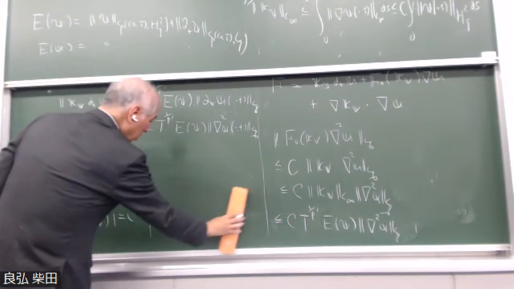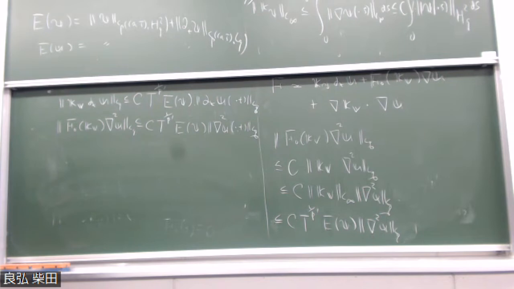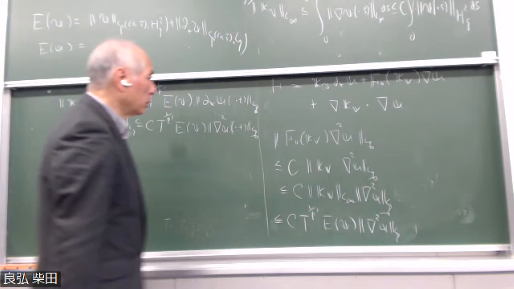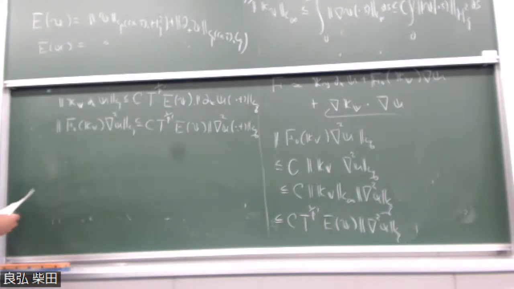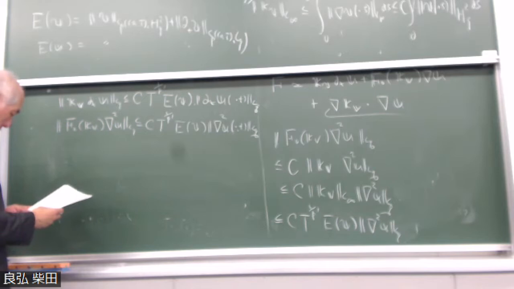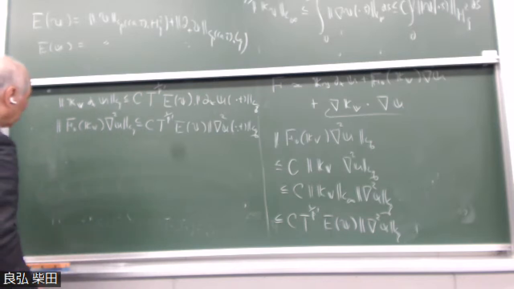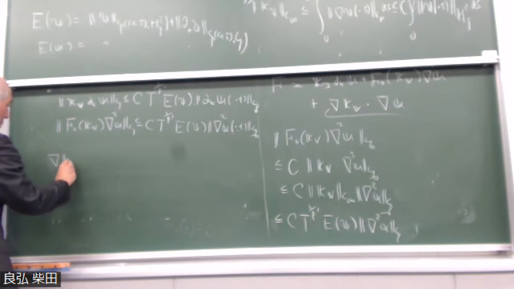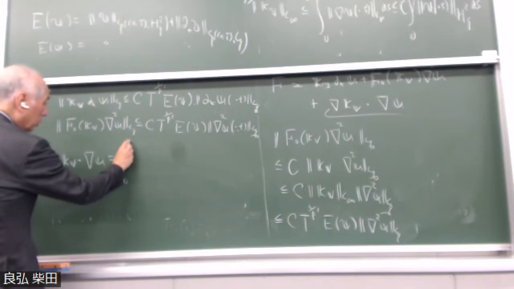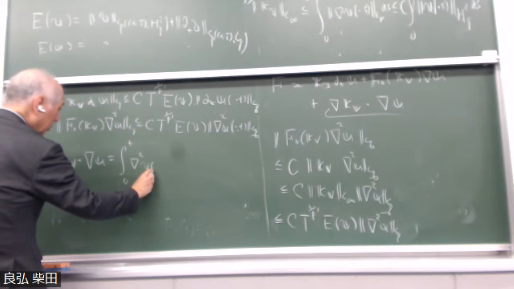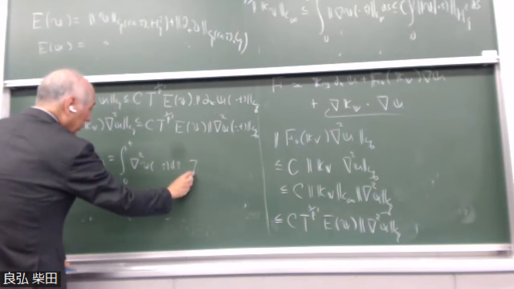It's easy. And this third term. Now with the third term, this is exactly the second derivative of v times the first derivative u.